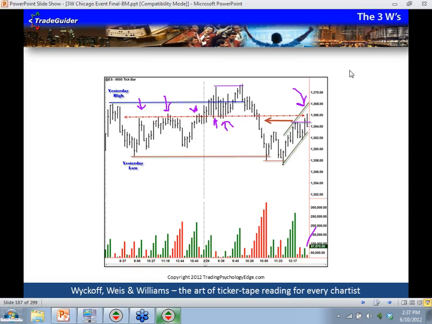It's not just reading the price bars or the wave volume, but I'm pulling a bunch of things together, okay? I'm making an argument to myself that if supply is going to step back into the market, here's where it's going to do it. Because this is the structural point in the market where we would anticipate supply coming in. Make sense?